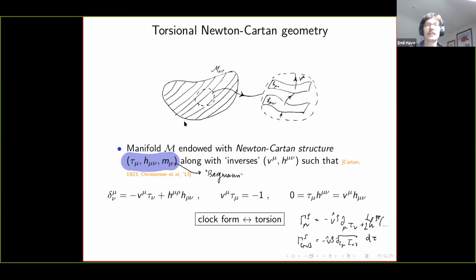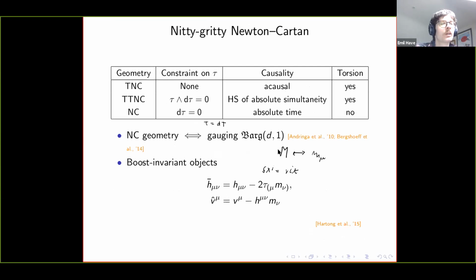Yes, exactly, that is a good question. This is an extra gauge field we take to be part of the geometry, and there are many ways to think about its role. From an algebraic perspective, it corresponds to the central element in the Bargmann algebra.